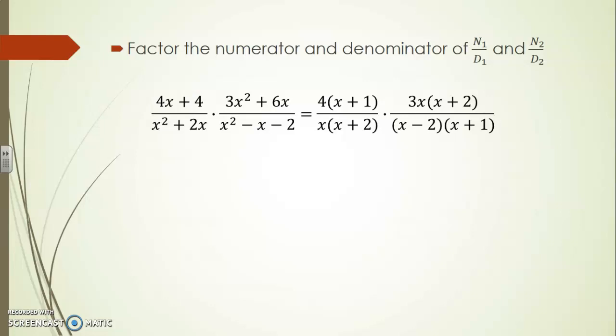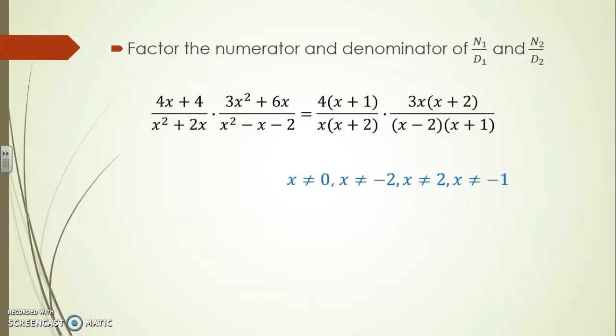As for the second rational expression, the numerator has a 3x term that can be factored. As for x squared minus x minus 2, I've used the sum product method in order to factor it into x minus 2 times x plus 1.